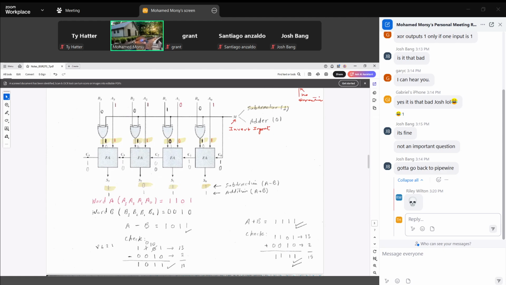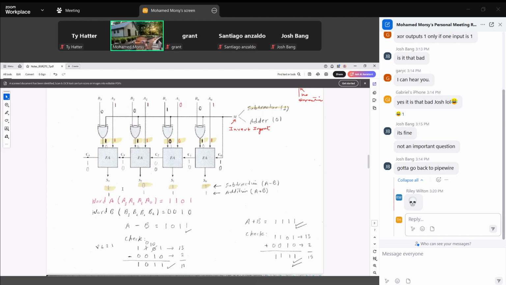Then 1 plus 1 is 0 with carry 1. So we keep 0 in mind and we put carry 1 here. So 0 plus 0 is 0. The last one, 1 plus 1 is 0 with carry 1. So we put carry 1 here. And we kept in mind the 0. So 0 plus 1 is 1. So this is the output of subtraction.